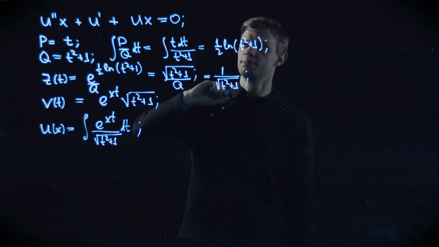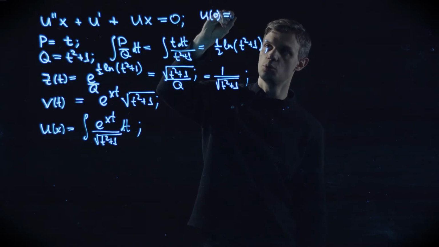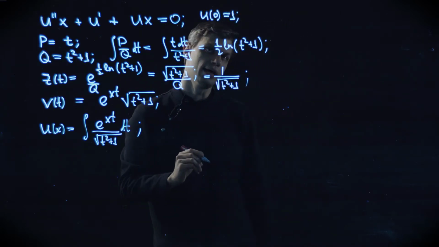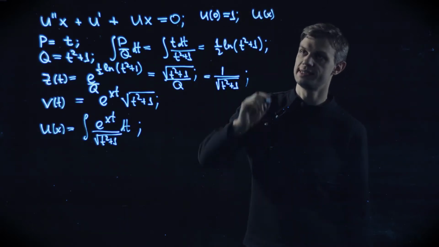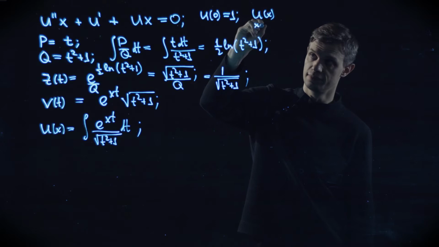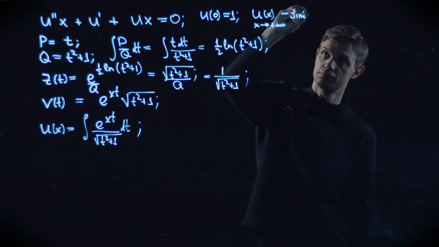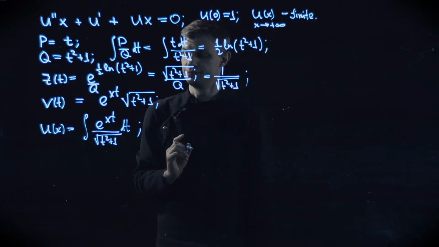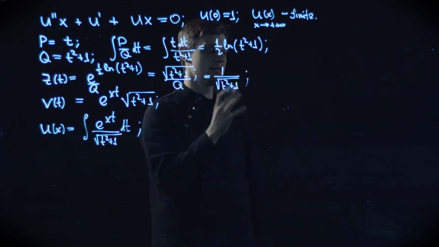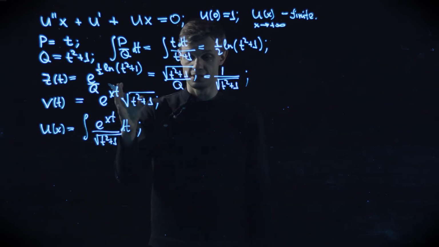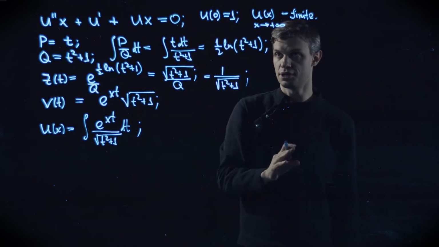So we'll fix it by the condition that u of 0 is equal to 1 and u of x is bounded, for example, at x going to plus infinity. So here we go. This is our v function, which defines the approximate position of our contour. Actually, it fixes eventually the position of our contour combined with our boundary conditions.